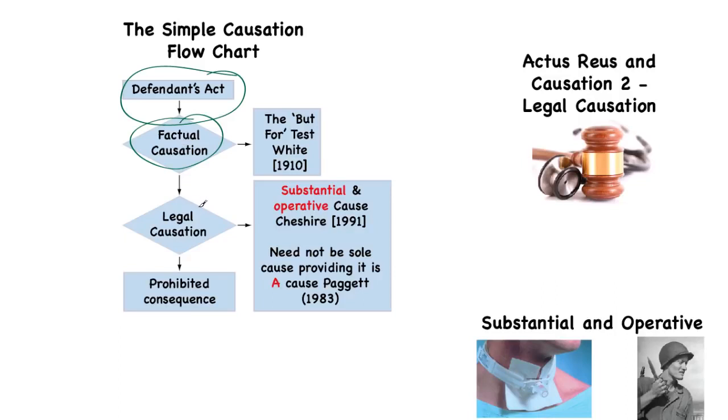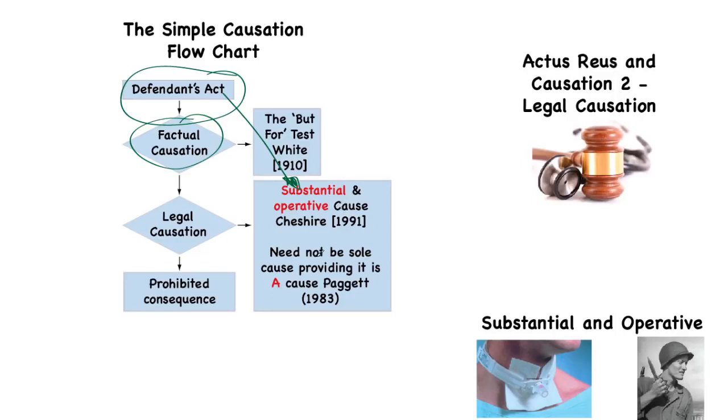And we use 2 key concepts to discuss whether or not the defendant is the legal cause. The first of those is, is the defendant's act a substantial and operative cause of the outcome? Is it substantial and is it operative? And I'm going to look at both of those in a moment.